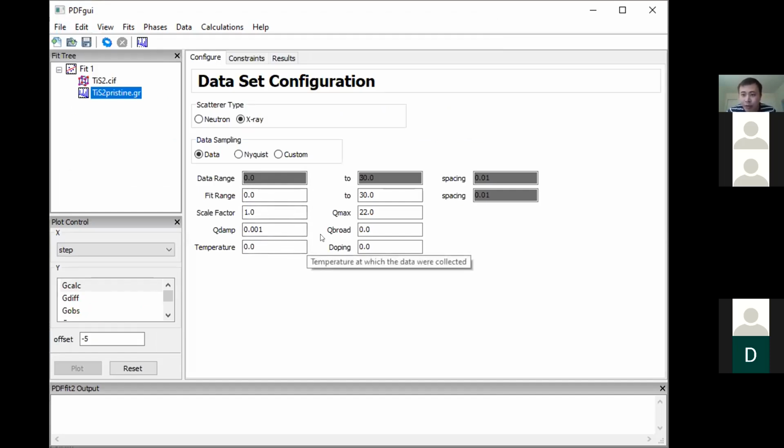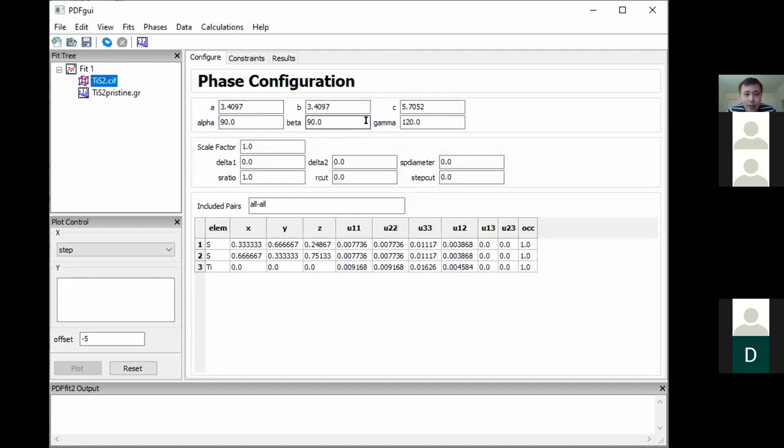Before we do the real fitting, we can look at what we're really doing here. So we imported our model structure, which is the starting point with titanium sulfide, as we just explained. And in this structure, it has all the lattice parameters. A equals B, and C is the second lattice parameter, and the alpha, beta, gamma, they're correct.